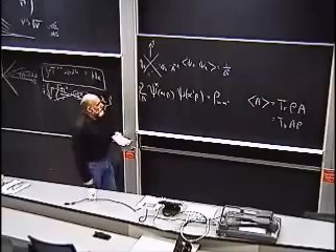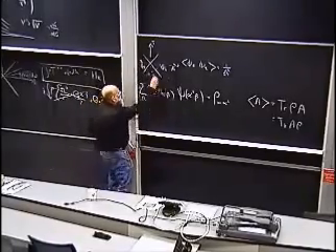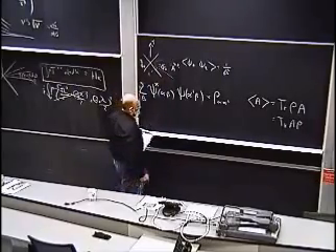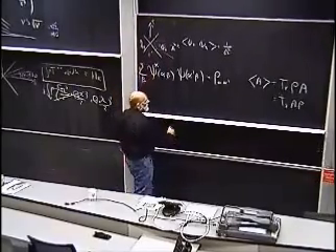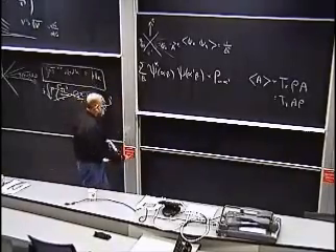But we need to know one more thing. How does rho evolve with time from one slice to the next? And there the answer is straightforward. You derive it from elementary quantum mechanics.